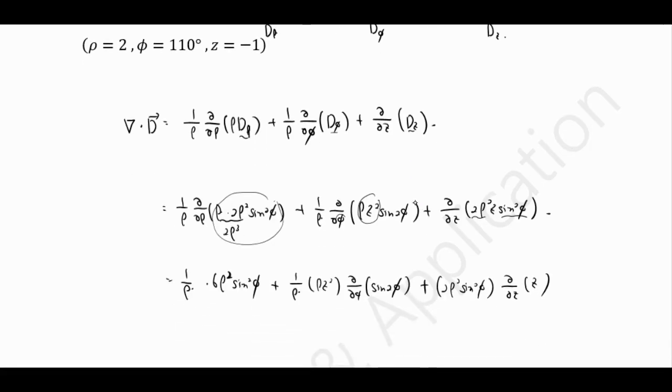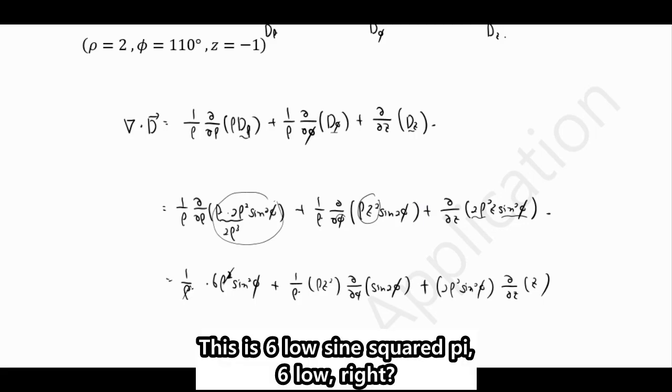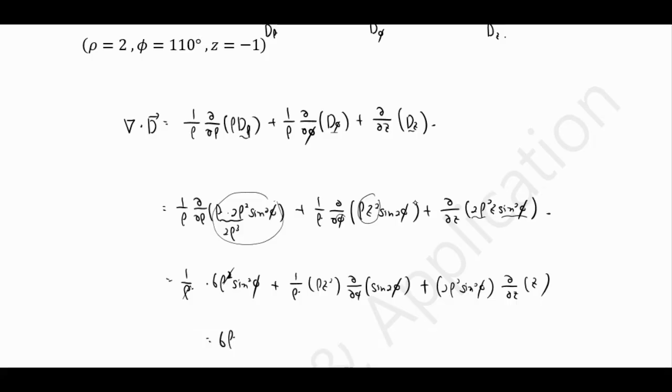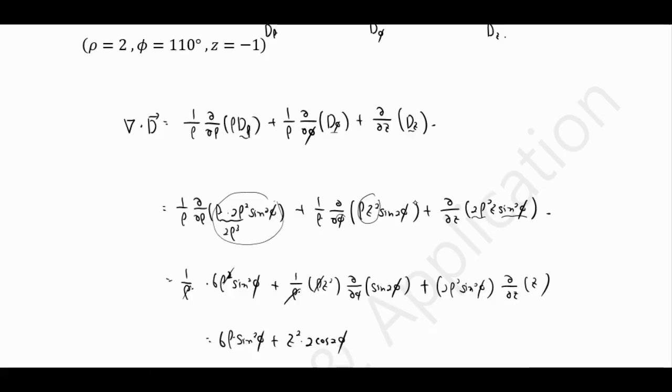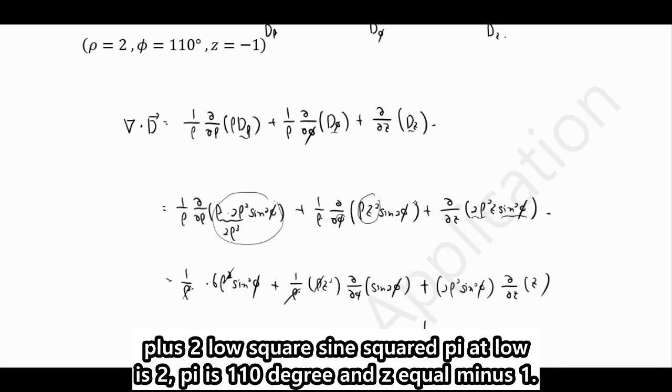This is 6 rho sine square phi plus z square 2 cosine 2 phi plus 2 rho square sine square phi, at rho is 2, phi is 110 degrees, and z equals minus 1.